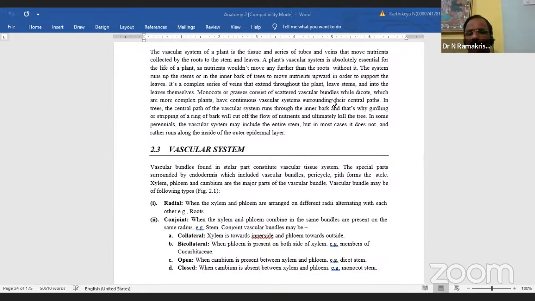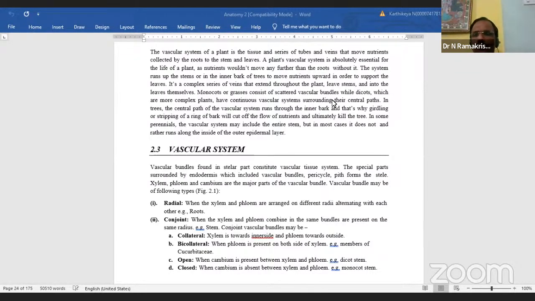One is the epidermal tissue system, and the second system is the ground tissue system. Now we are going to discuss the vascular tissue system.